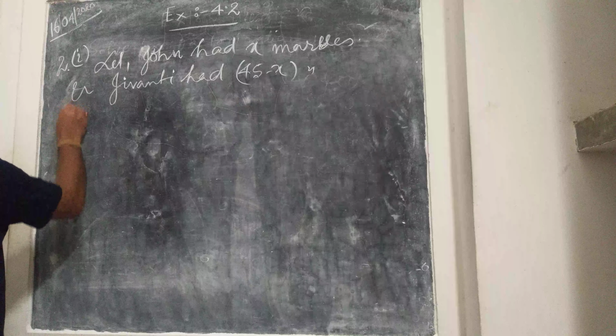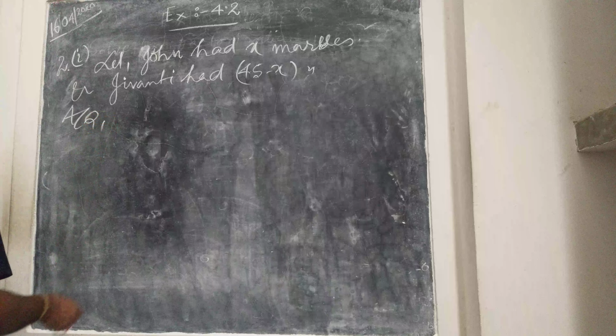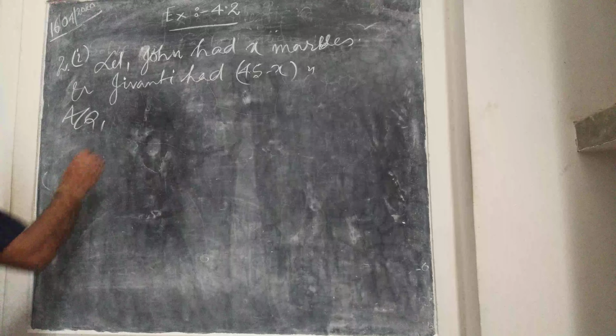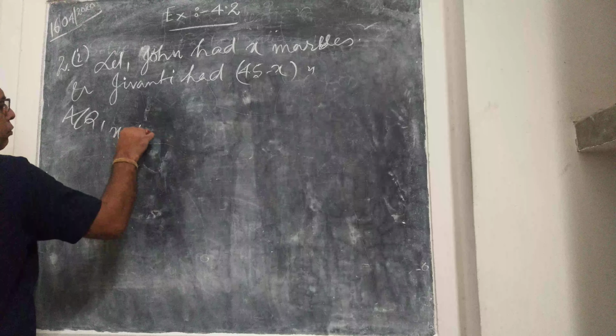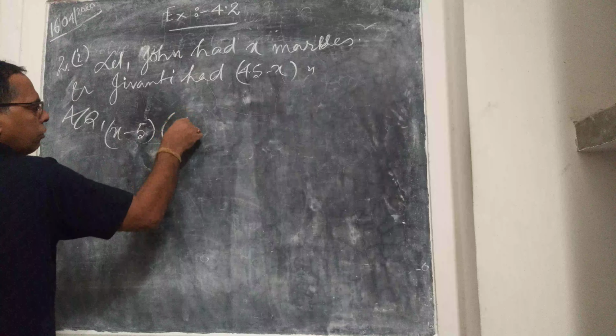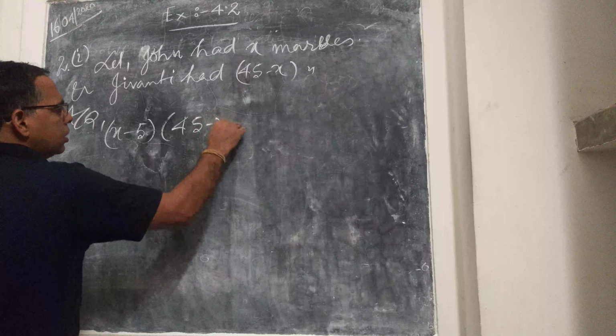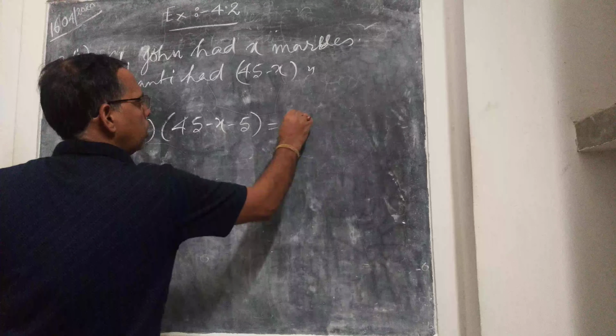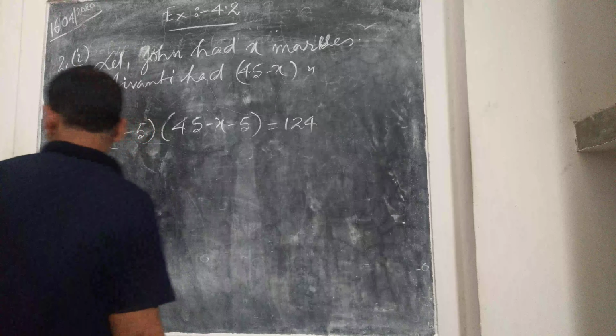Now according to the question, if both of them lost 5 marbles, so X minus 5 and 45 minus X minus 5 equal to 124.